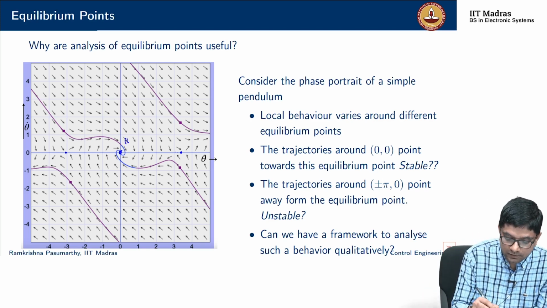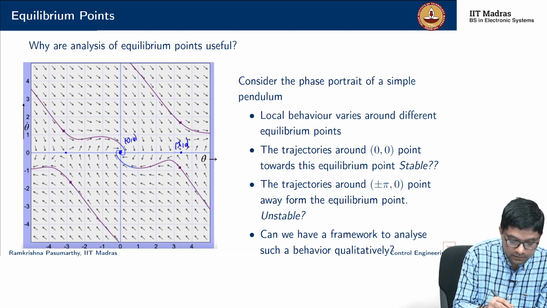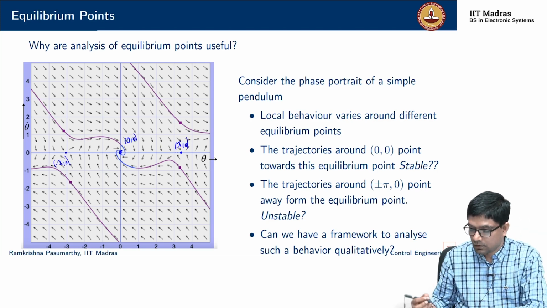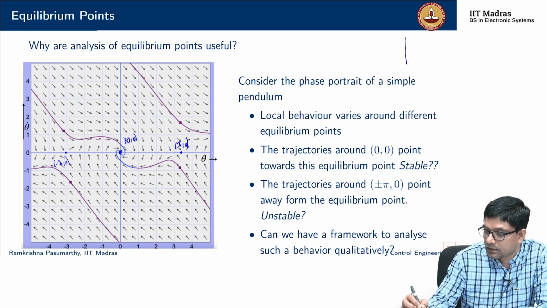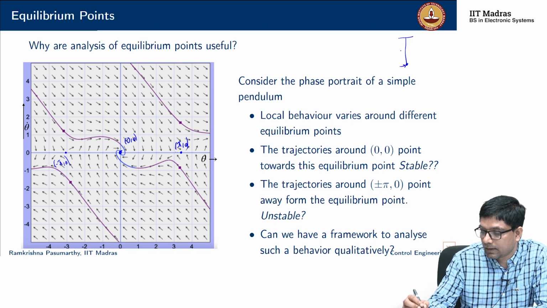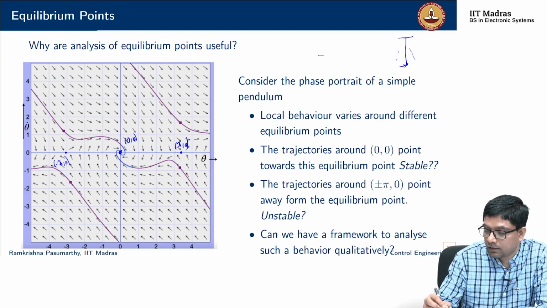Okay, so this is 0 comma 0, pi 0, minus pi comma 0. Okay, so what do we know about a simple pendulum, right? If I start with the downward position, I perturb it, it will come back to its equilibrium position after maybe oscillating for a while. If I take the inverted pendulum, I perturb it, it will just go away, right, from the equilibrium point.